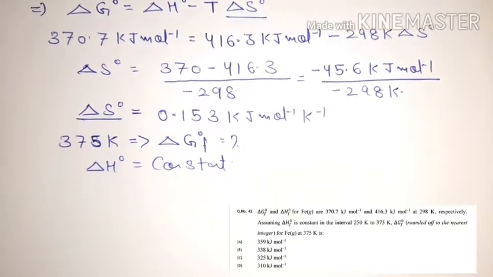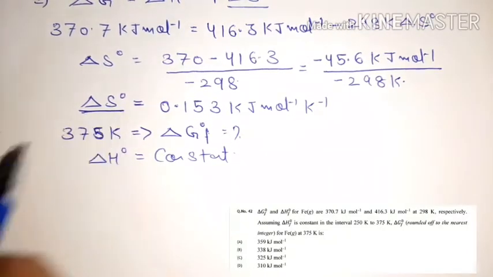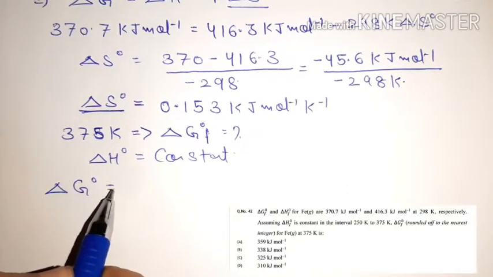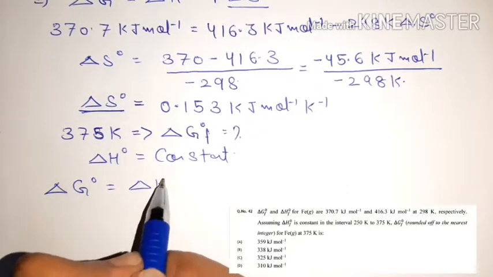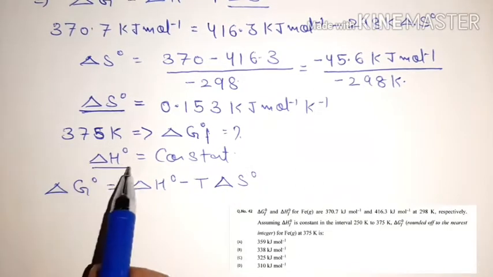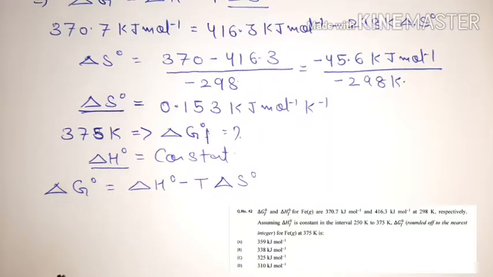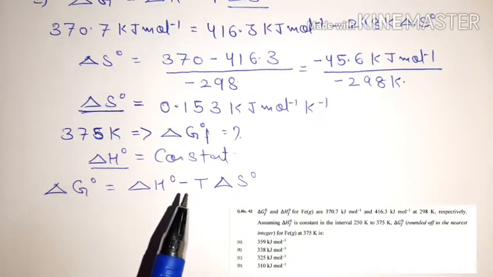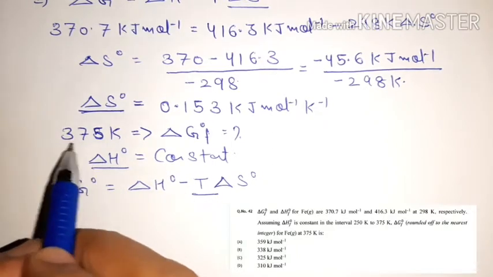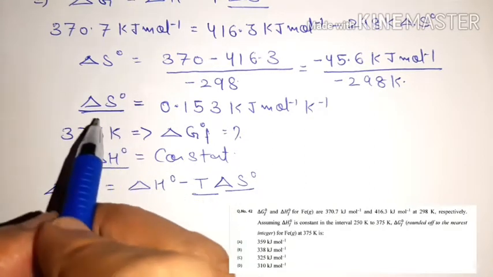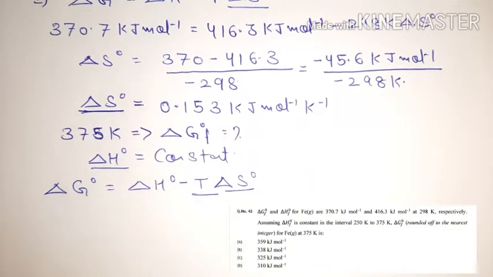And we have a temperature and we have delta S. So now the value of delta G naught is given by delta H naught minus T delta S naught. The value of delta H naught is constant, and it is 416.3 kilojoule per mole, which is given in your question. T is 375 Kelvin, and the value of delta S naught we found, that is 0.153 kilojoule per mole per Kelvin.